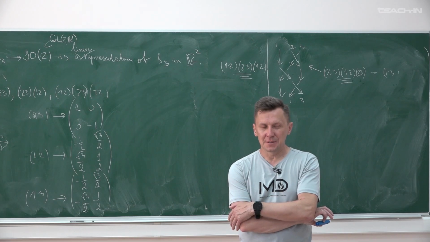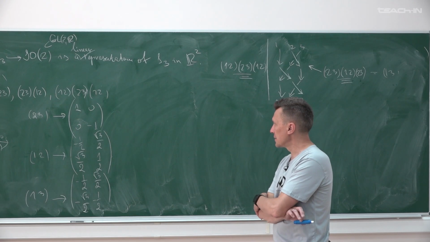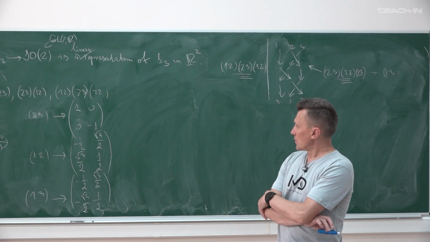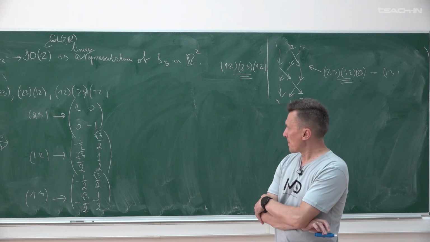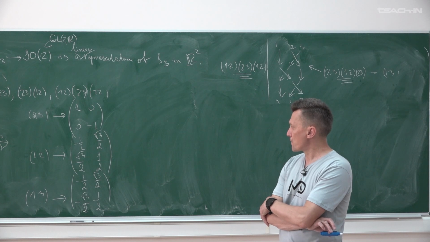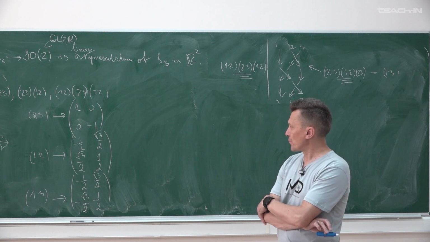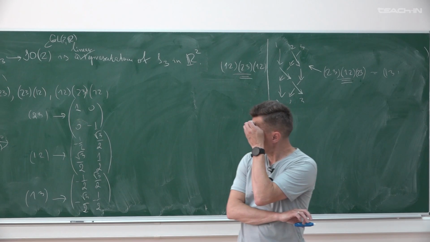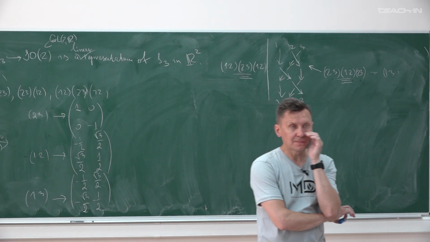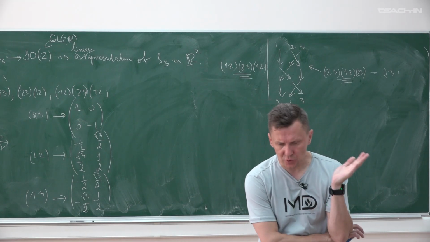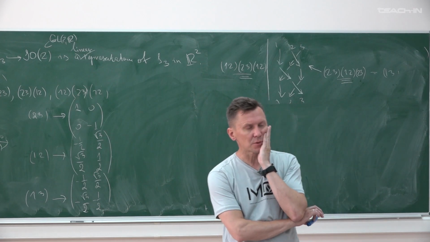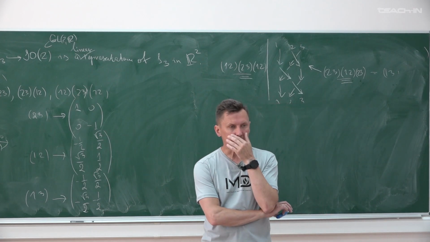Here in the first matrix the trace is 0, but in the last one the trace is like minus 1. Okay. It's okay, right? The trace of the product of matrices is not a good invariant.